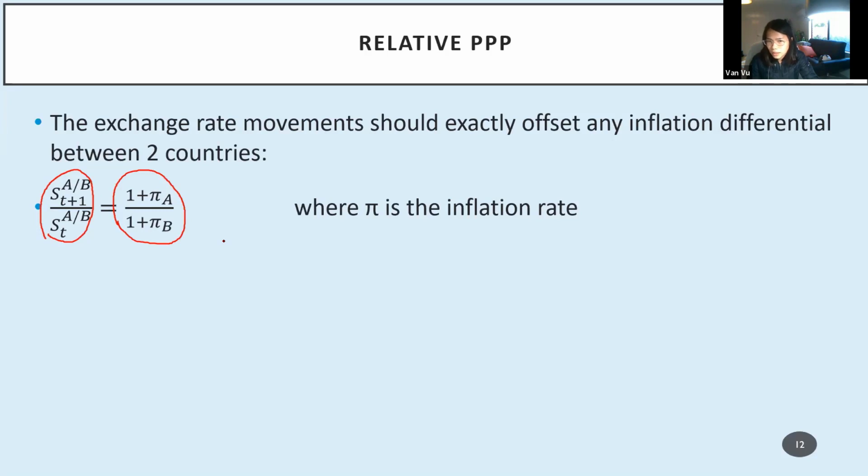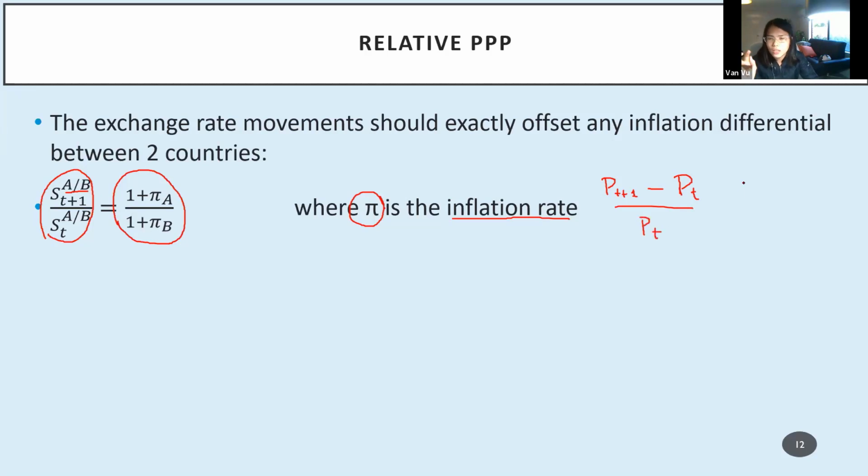two different countries. Okay. So here S is my spot exchange rate for the currency A over B. Pi is my inflation rate. Okay. So inflation rate is price in period T plus 1 minus price in period T, divided by price in period T, okay?